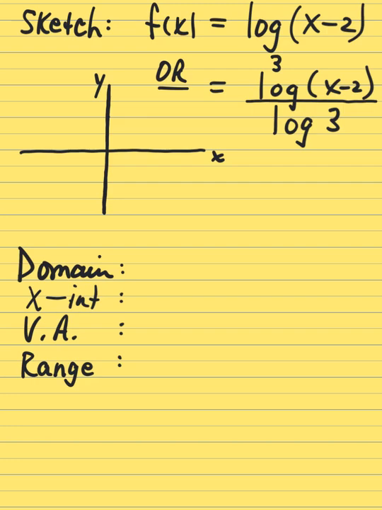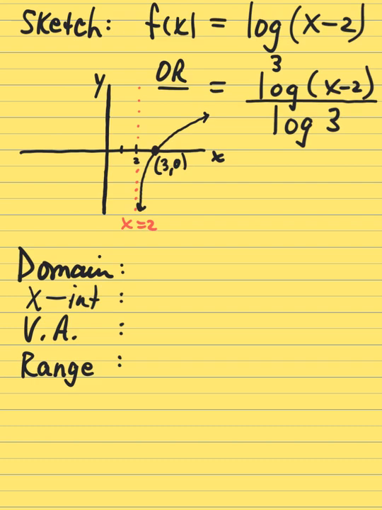In fact, it is now located 2 units over, and instead of the y-axis being the barrier or the asymptote for this graph, the line x equals 2 has now taken its place. Your graph will still have the same characteristic look. It's just the asymptote and the intercept have now moved.